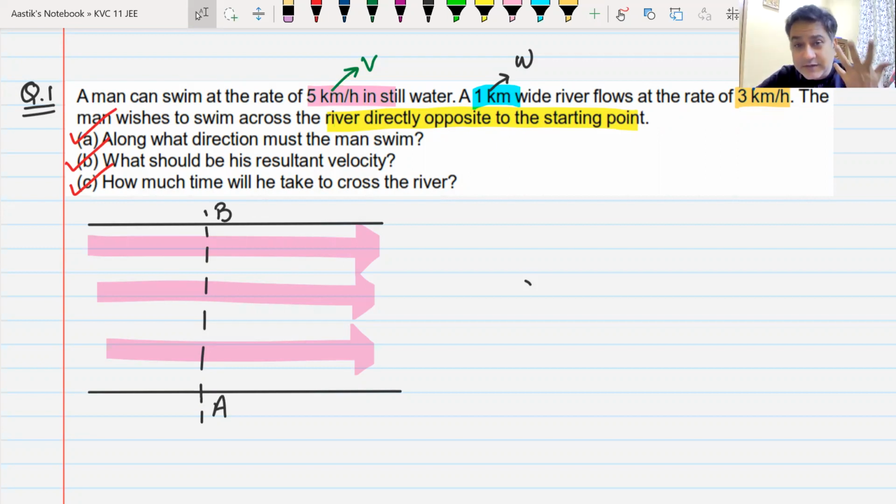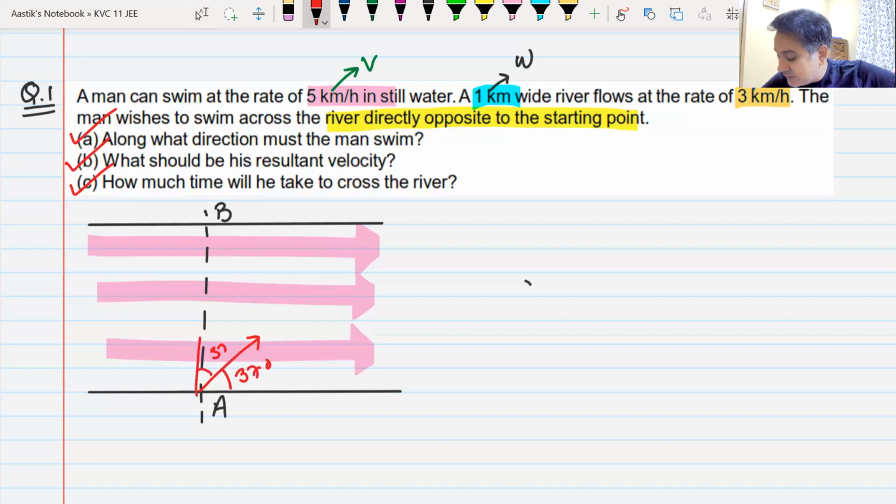Just telling, Sir, answer is 37 degrees. From where, beta? From point A. In which direction from point A? There are infinite numbers of directions from A. So which direction are we talking about, beta?